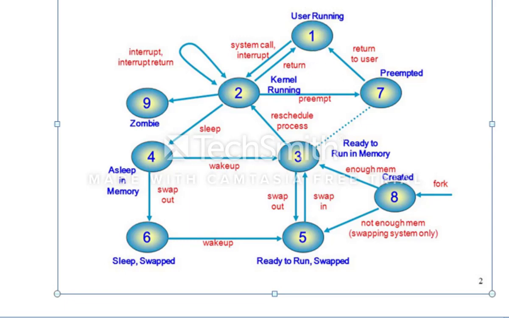First, the user running process, starting from step 1, then step 2, that means the kernel running state, step 3, ready to run in memory, step 4, asleep in memory, step 5, ready to run swapped, step 6, sleep swapped, 7, preempted process, 8, not enough memory, in that case the process may be swapped out, again it will be created by the fork system call, and the 9th state, that is the zombie state.